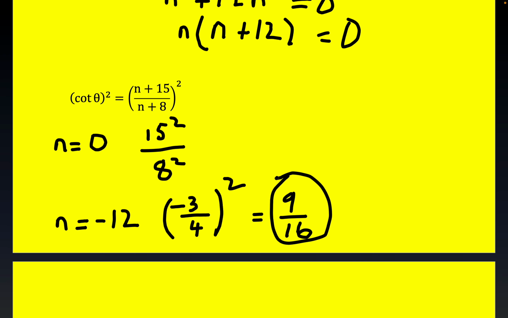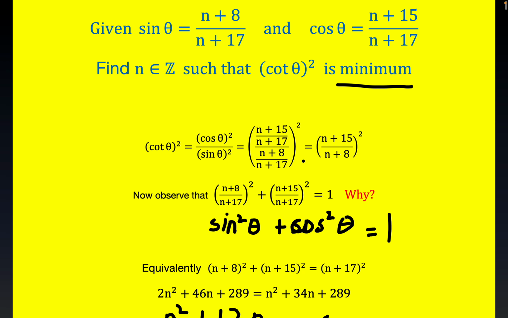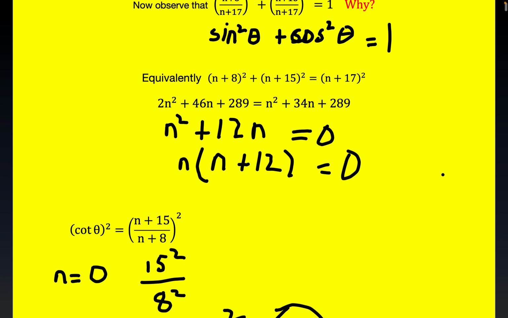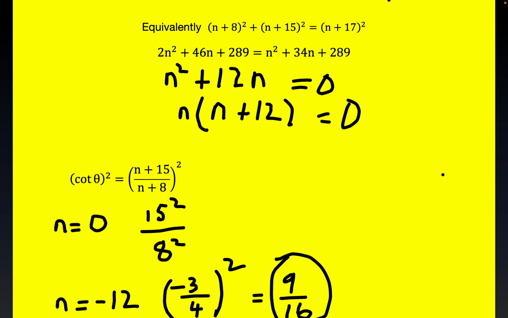Now, again, it's a little bit of an odd problem. We're not trying to say that we're minimizing cotangent over all real numbers. We're just minimizing it over the type of integers that happen to satisfy these initial conditions. Well, we found out that there's only 2 of them. Right here we found out that n equals 0 or negative 12 are the only 2 integers that even meet the requirements.